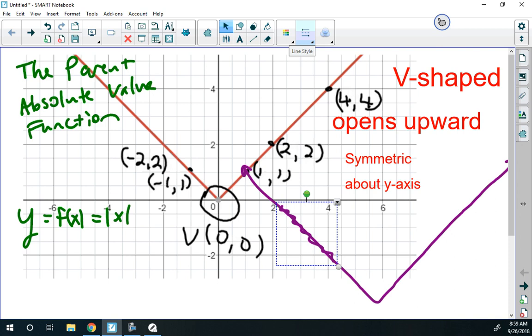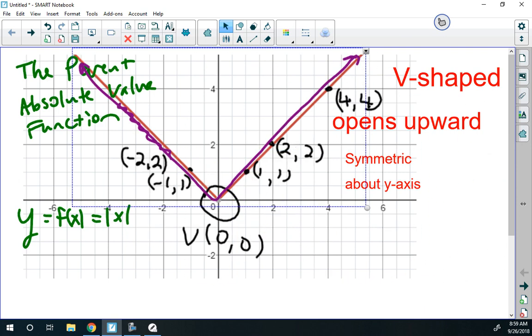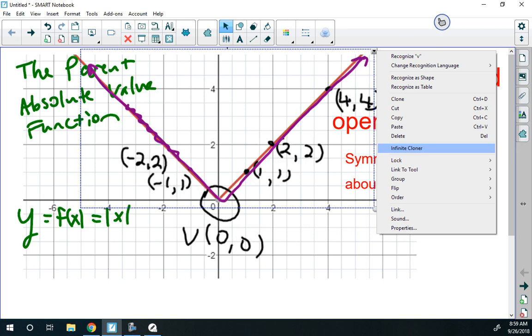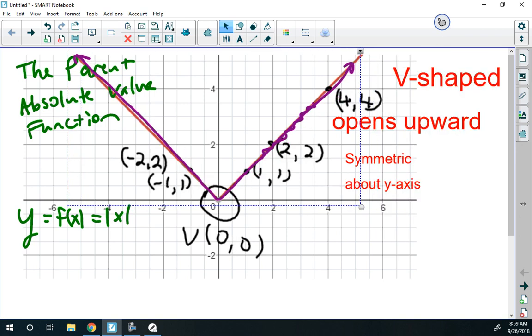I'll group those together. You see how that little jagged edge is on the left, everybody? So I'm going to flip this around from left to right, and you'll notice that the graph is symmetric. If I swap it around the y-axis, this graph still has the same shape. So it's symmetric about the y-axis.